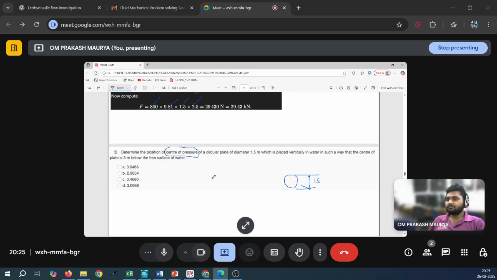Which is placed vertically in the water in such a way that the center of plate is 3 meter below the free surface. If this is the center of plate, this is 3 meter below from the free surface. The question is this, what is the center of pressure formula?